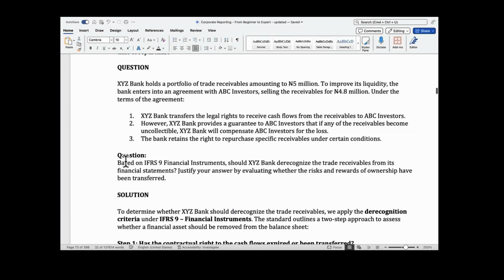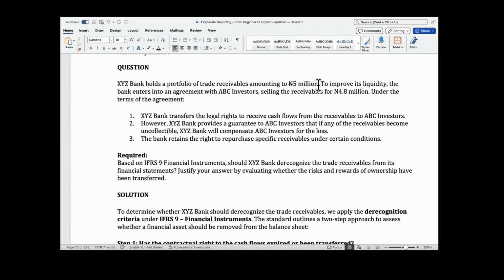Let's solve some questions. It says that XYZ Bank holds a portfolio of trade receivables amounting to 5 million.